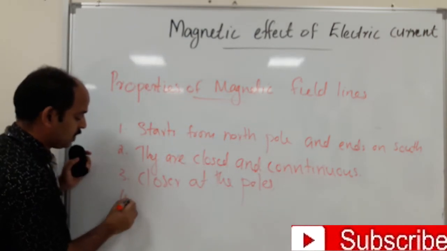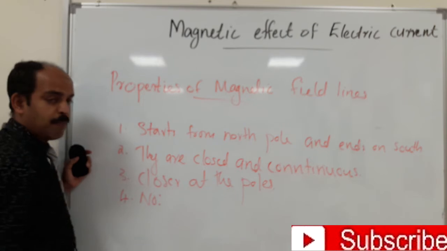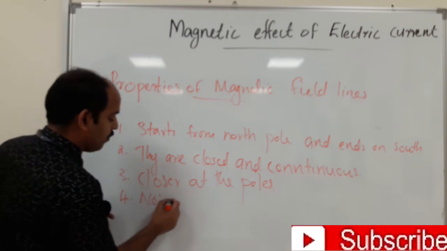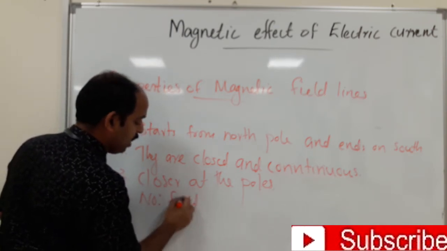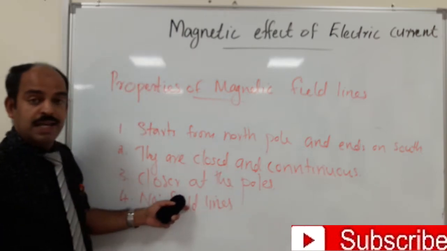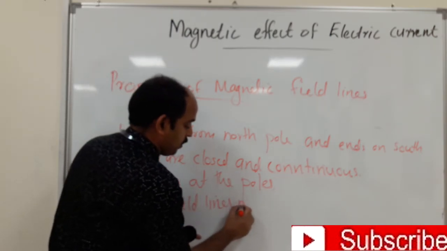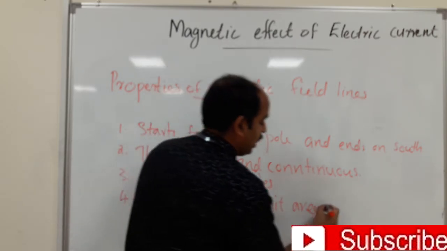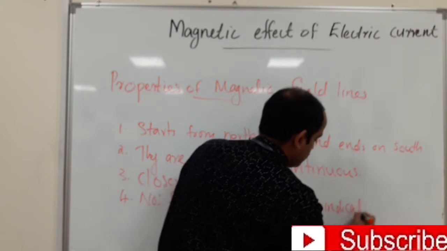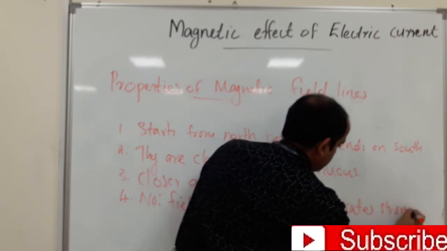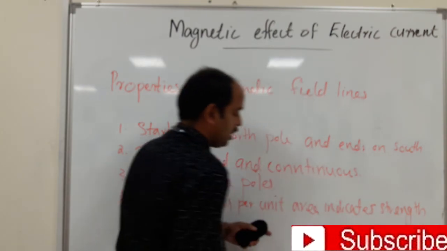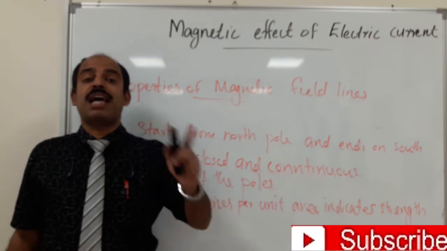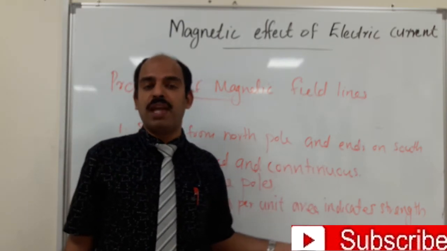Then the fourth one is that the number of field lines per unit area indicates the strength of the magnet, or the strength of the magnetic field, right?